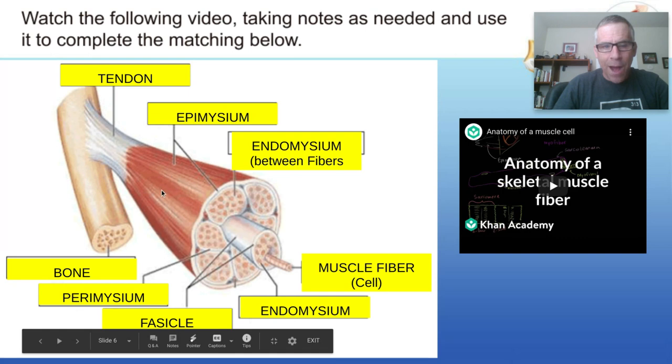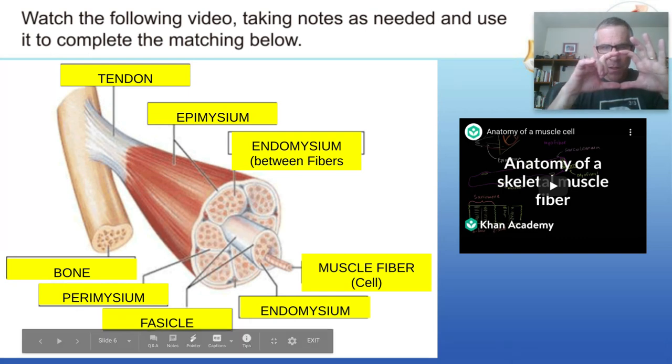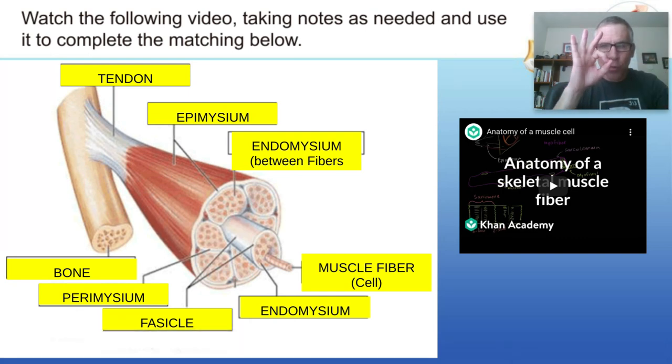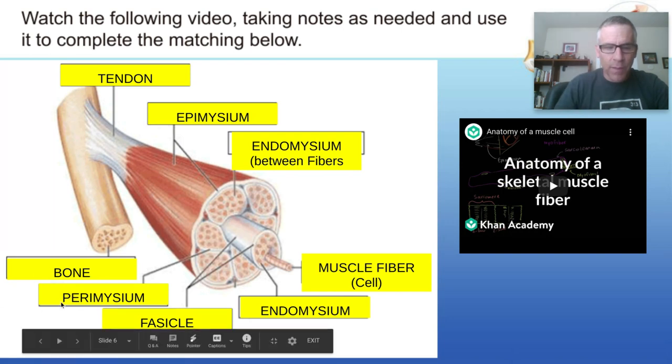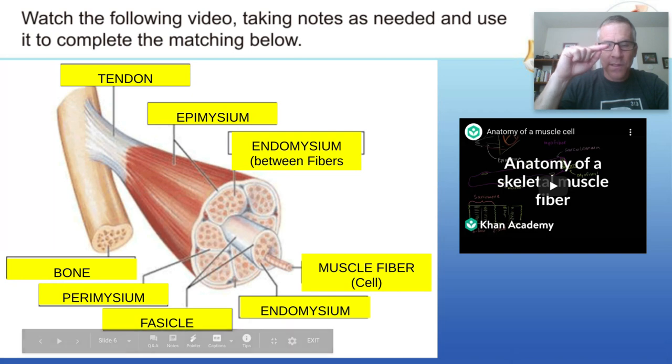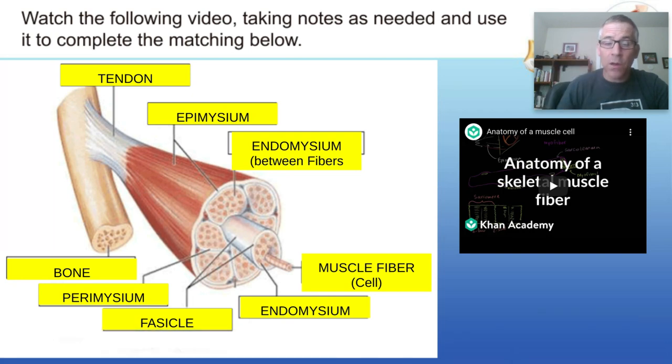So we've gone from the outer covering, the epimysium, to the covering of a grouping of fibers, the perimysium, and finally what's wrapped around one muscle cell or muscle fiber is the endomysium, the internal covering for the muscle fiber.